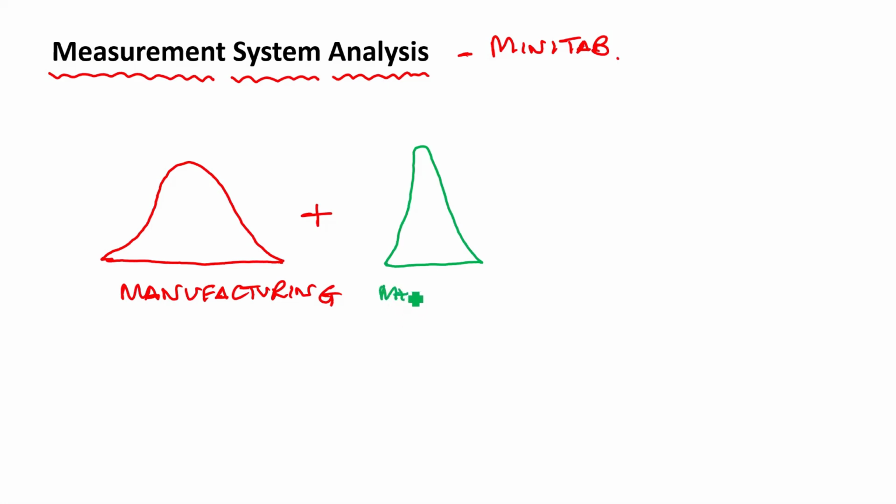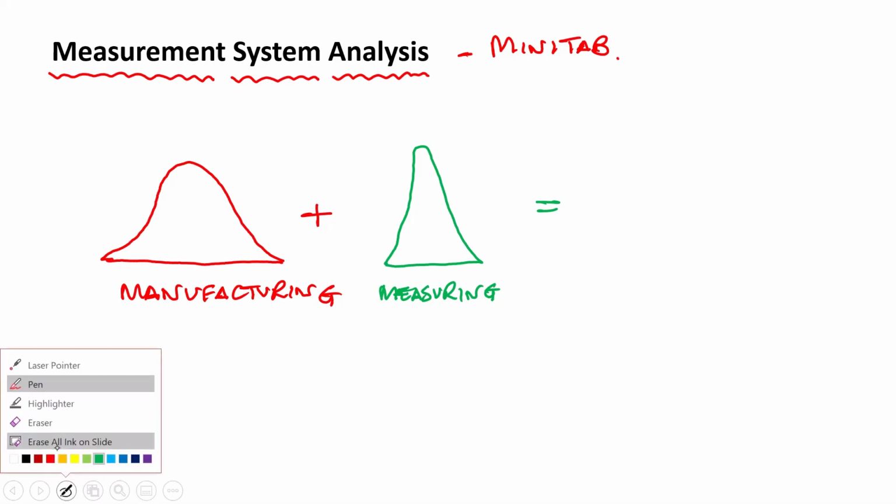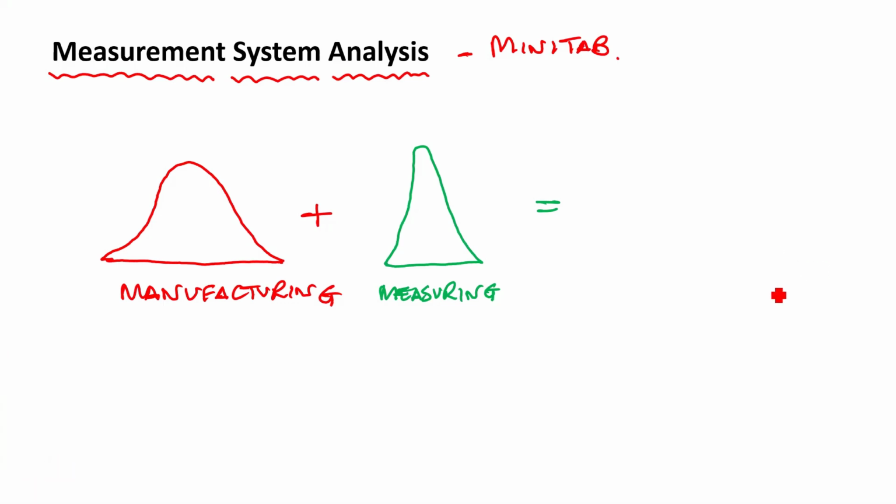You have to put them through a measuring process. And the measuring process also has a distribution. So you can never see the original red distribution. So of course that's the underlying performance that you'd like to know.